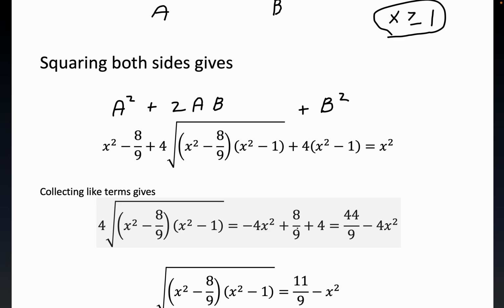Now I just wrote this out for the sake of you tracking what I was doing. You have 8 over 9 plus 4, which is 44 over 9. I'm sorry, 4 is 36 over 9, and 36 over 9 plus 8 is the 44 you see right here.